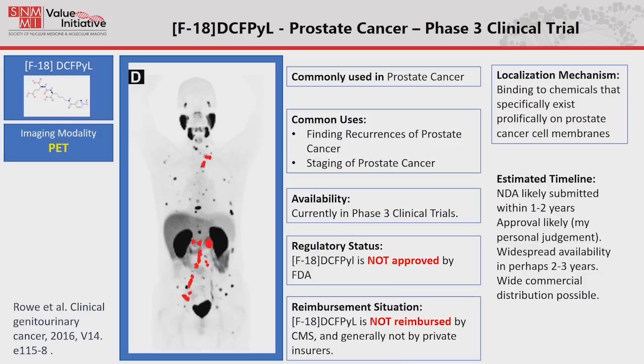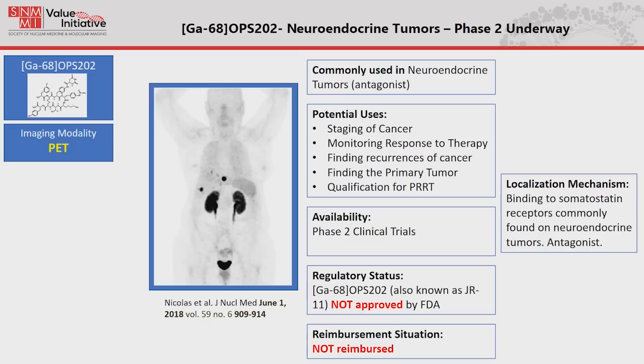So for widespread public availability, this, if I look into my crystal ball, will likely be what most places use 2 to 3 years down the road, assuming the phase 3 clinical trial is successful, assuming they submit the NDA, and assuming FDA accepts it. But that's a very exciting area as well.